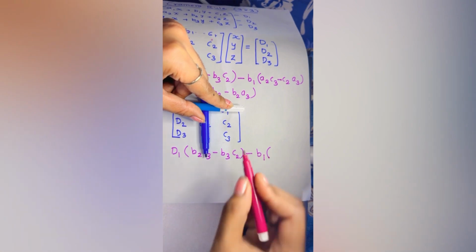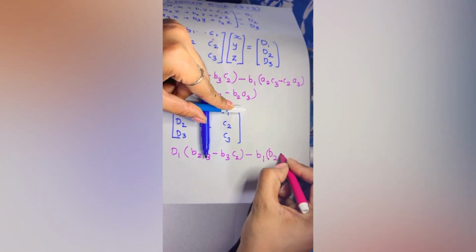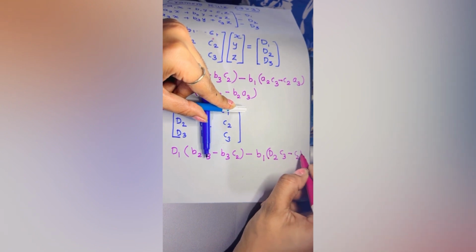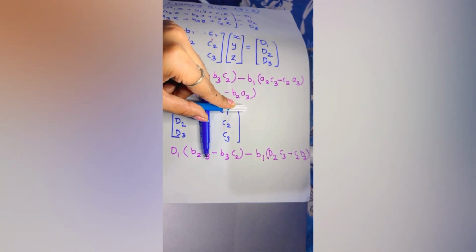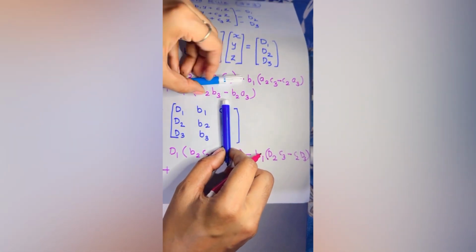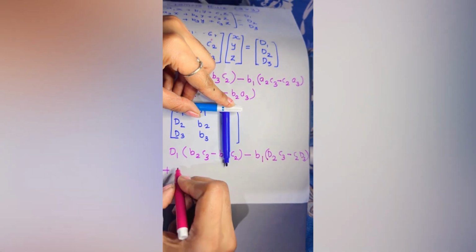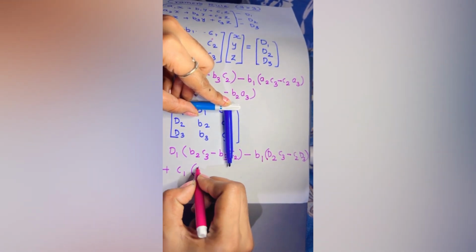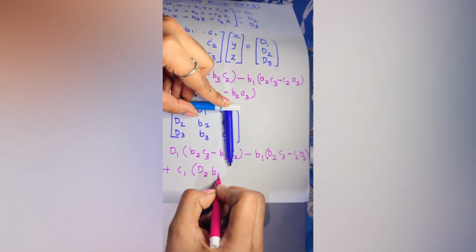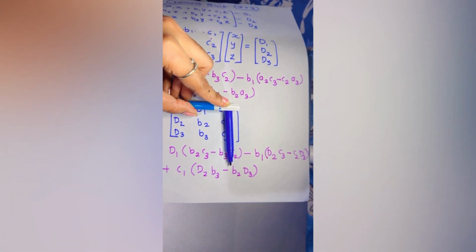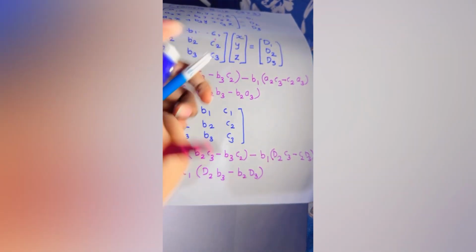So what terms remain? d2 c3 minus c2 d3, then plus c1, d2 b3 minus b2 d3. Okay, you got it? That is how you calculate dx.